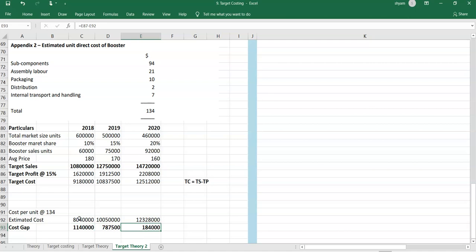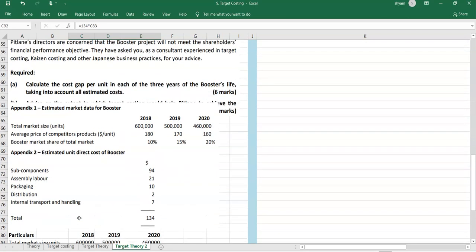Only if it's a negative, it is a bad thing. So we have to produce the products at this cost, and the estimation has come at this level. So we could produce the product at a cheaper level than what it is given.